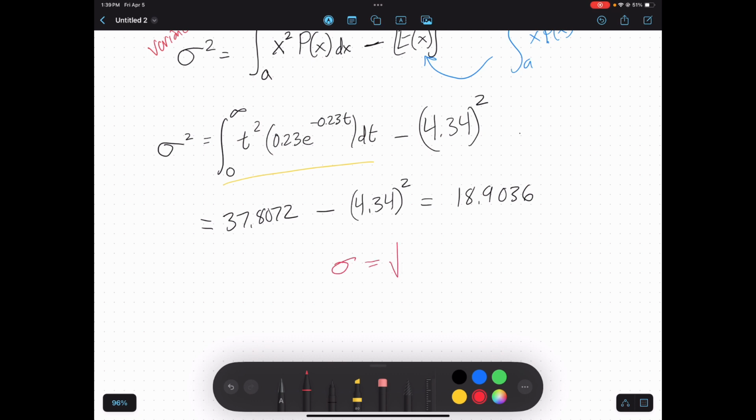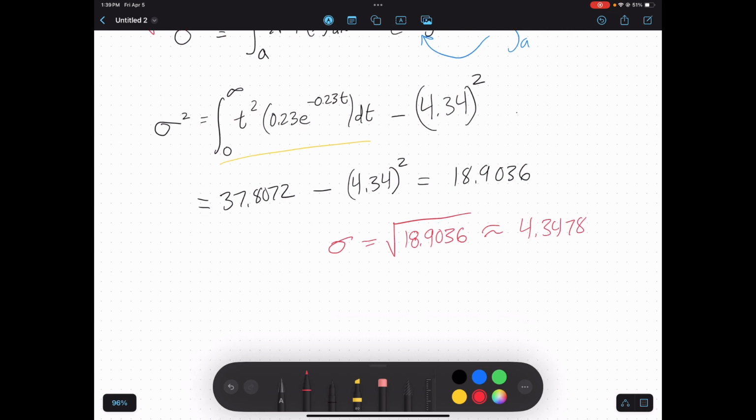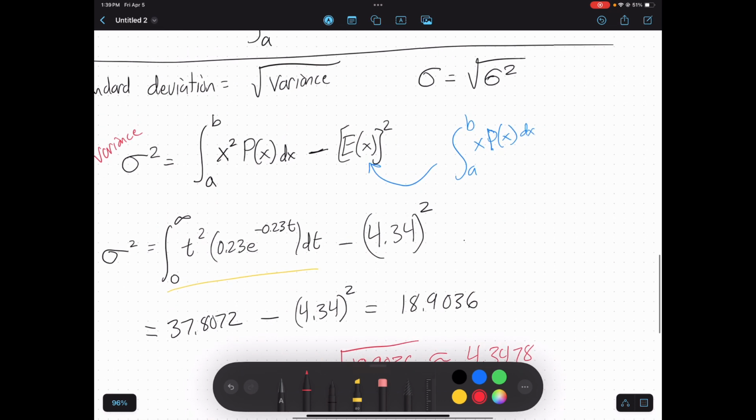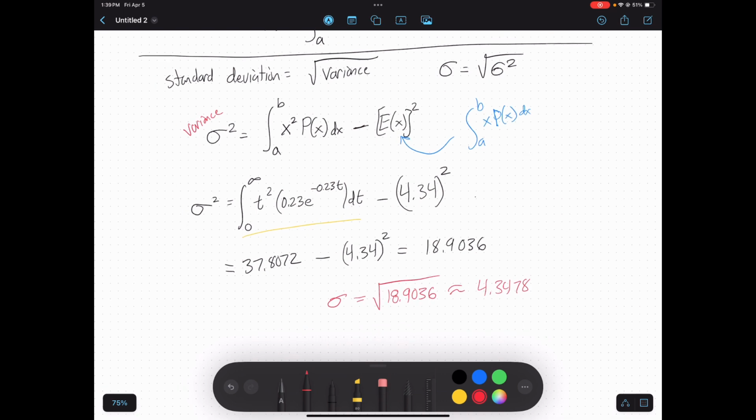Standard deviation is just the square root of my variance. And I get about 4.3478. So using integrals, I was able to calculate both the average and the variance of a probability density function.